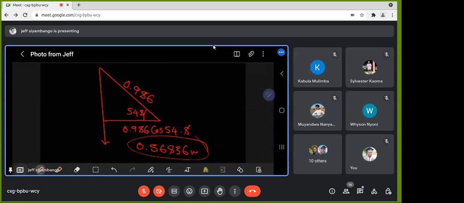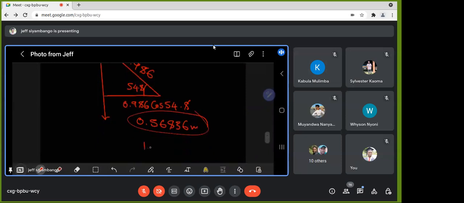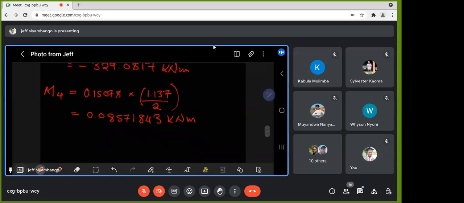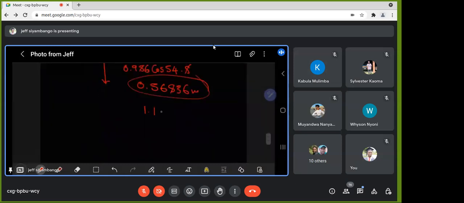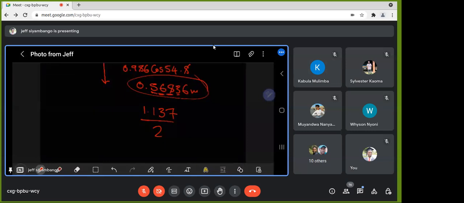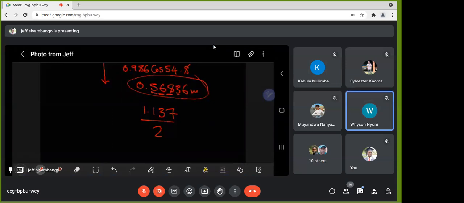You see that this is the same as half of 1.137. Let's try that. 1.137 divided by 2, we still get 0.568. The only difference is it's coming out as 885 here, and I have 836. Same thing. Have you seen that? Yes, sir. Okay.